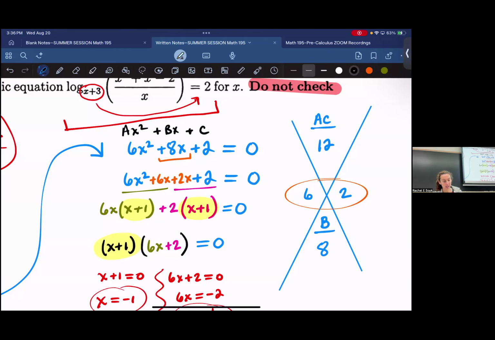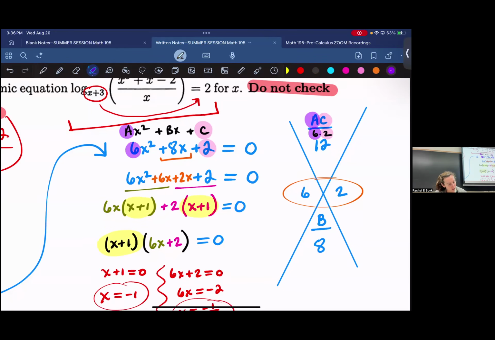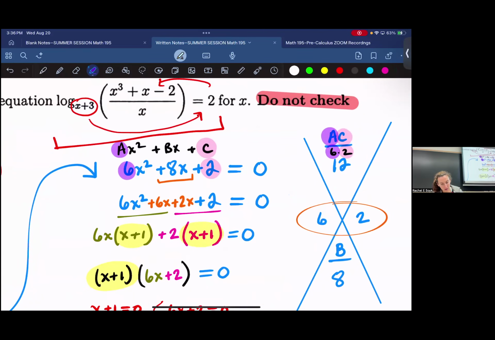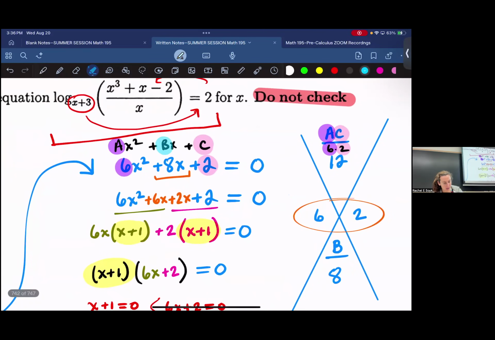So our AC method, AC is just you're taking the product of your A value and your C value. 6 times 2 gives you 12. And then your B value, can use blue here, is 8.